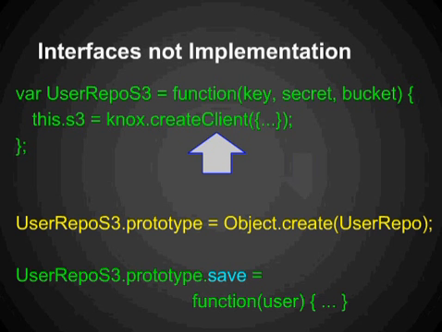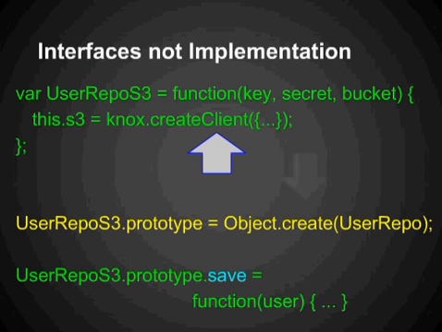Again, this has a constructor that's specific to S3, the implementation detail that I happen to be using S3 as my data store. In this case, the constructor takes a key, a secret, and a bucket. These are the parameters I need to create my Knox client, which is just a Node.js client for Amazon S3. So now I turn around and create my S3 object in my constructor.